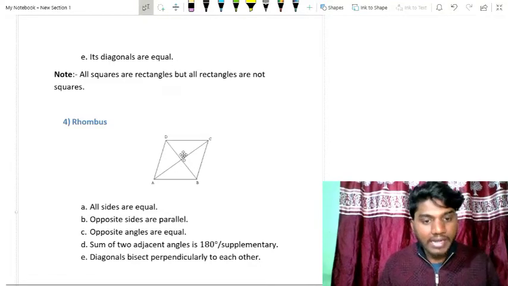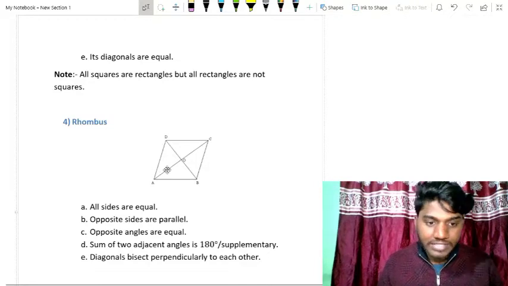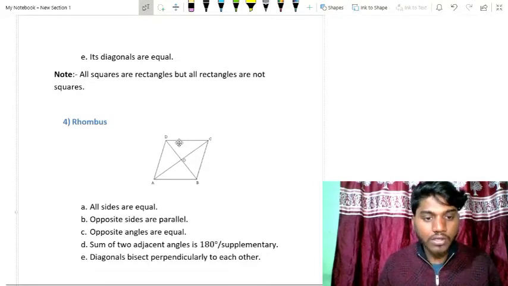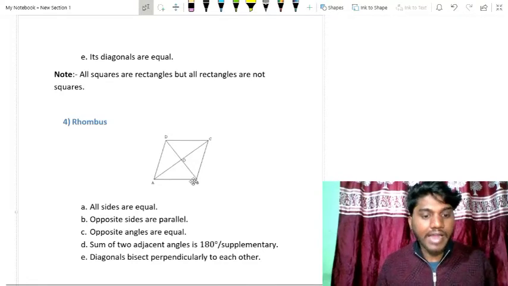The sum of two adjacent angles will be 180 degrees, which means angle A and angle D, if you add them, you will get 180 degrees. Angle A and angle B, when we add them, we will get 180 degrees.